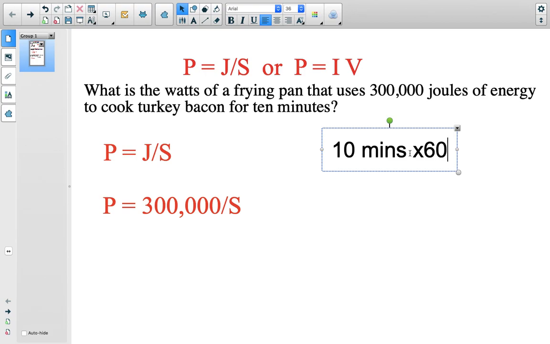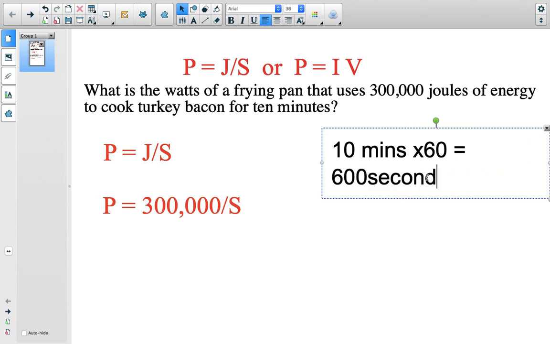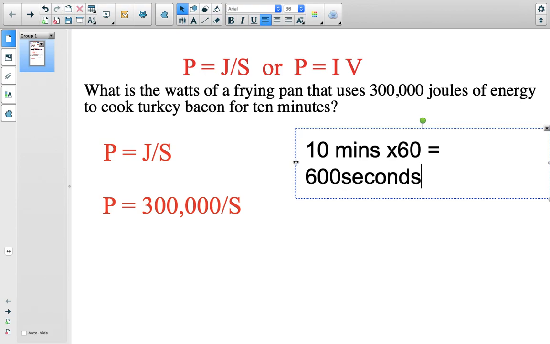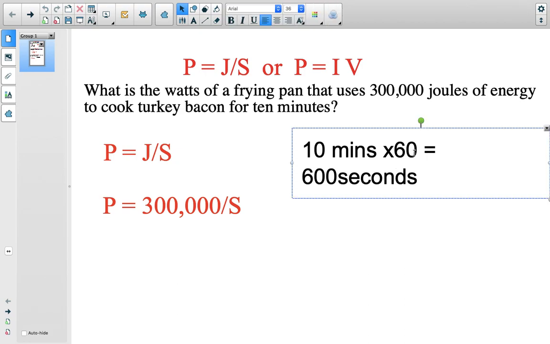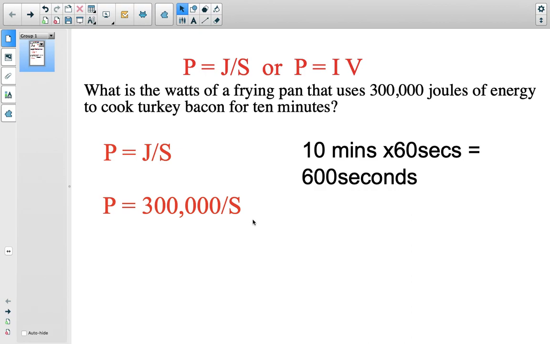So in each minute, there are 60 seconds. So this should add up to 600 seconds. Okay, so in total, in the 10 minutes, we have 600 seconds.